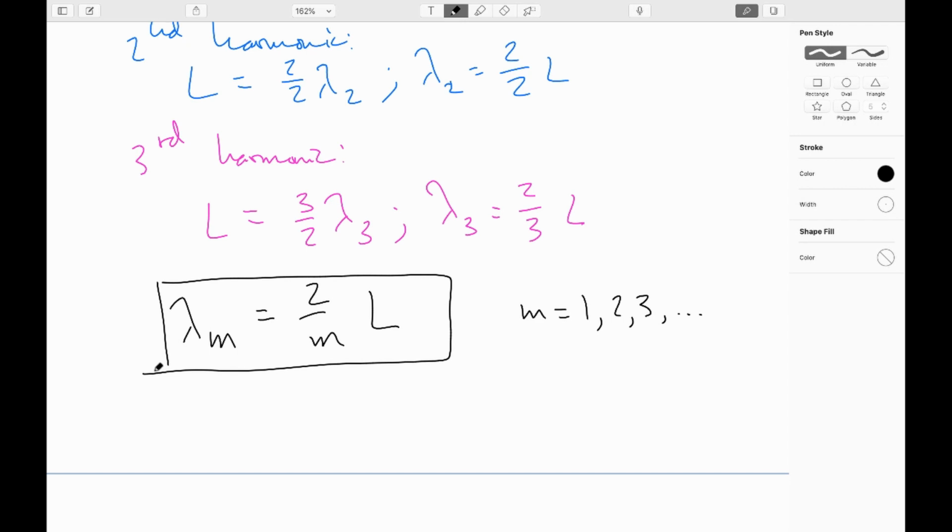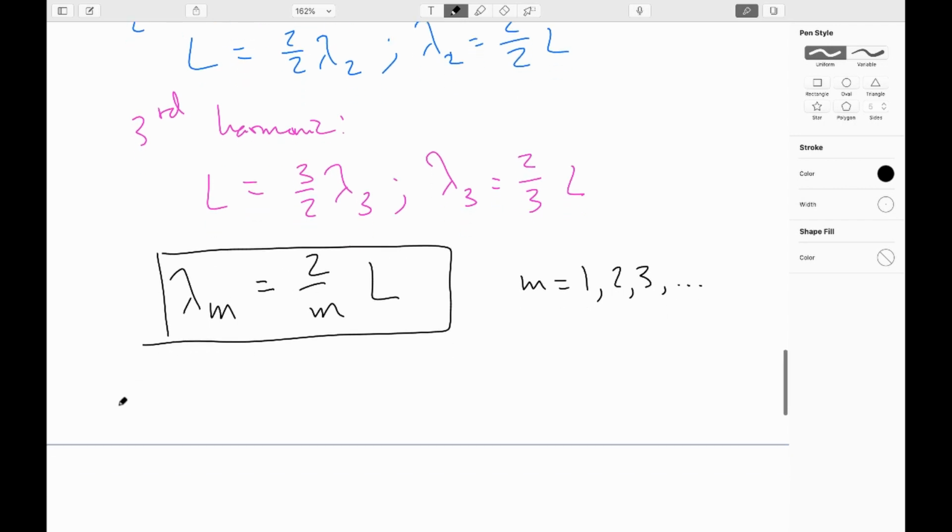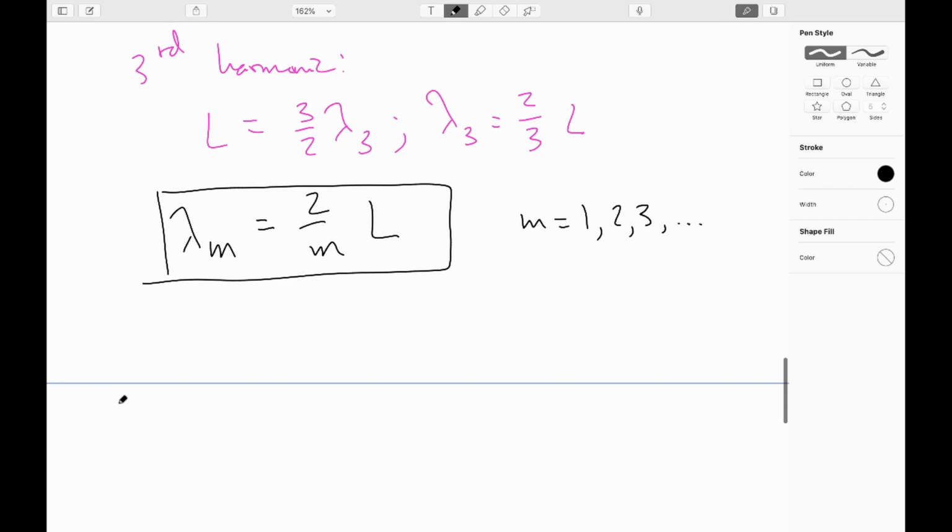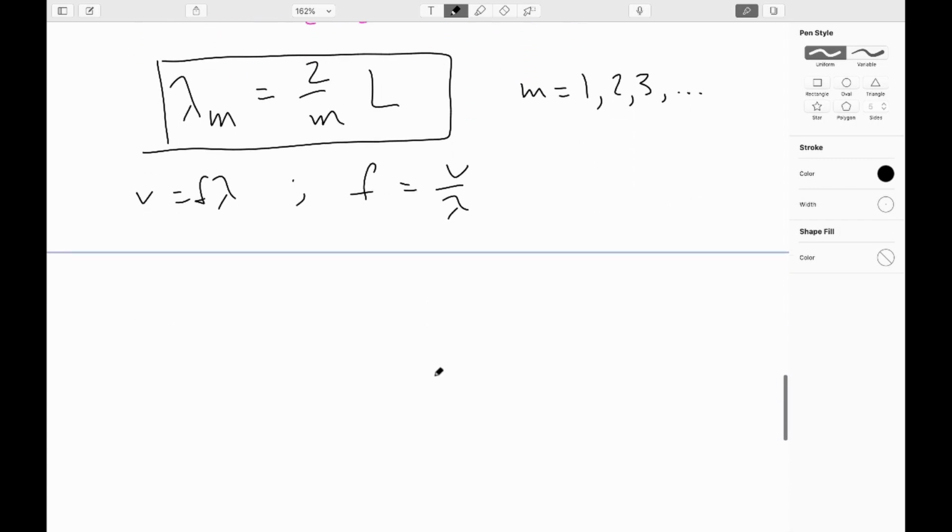Now, we can use v equals f lambda to work out what the frequency would be, right? Because the frequency will be v over lambda. And so if I work that around, I get that the mth frequency that this thing would generate would be equal to m, and I'm going to write it as v over 2L, like that.